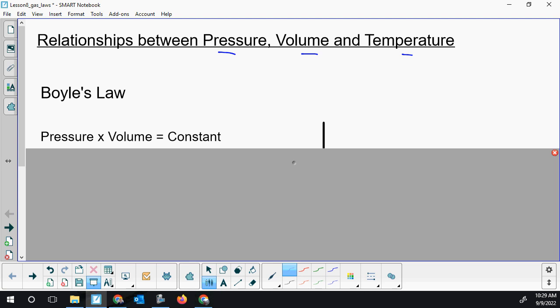It was a multiplication or product. It wasn't a divide equal a constant. So if you have a new circumstance, you can use pressure times volume before to equal the pressure times the volume at a later circumstance.